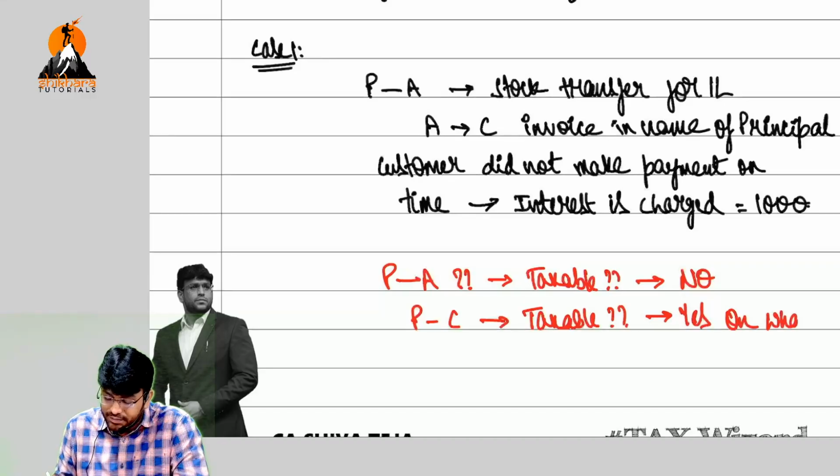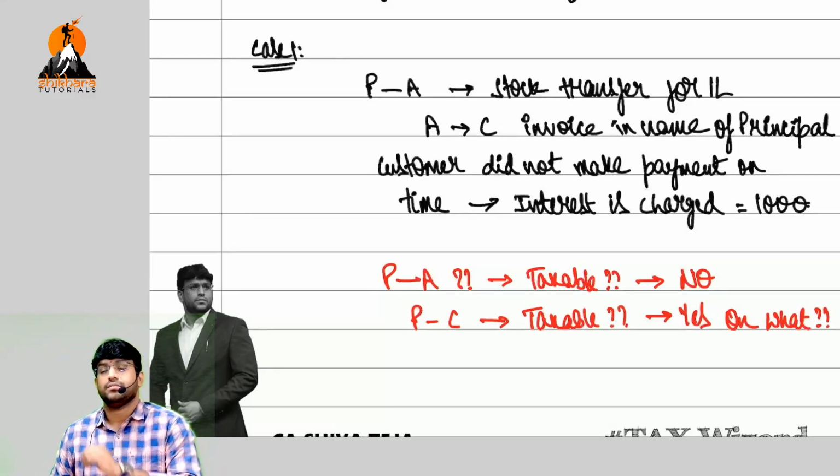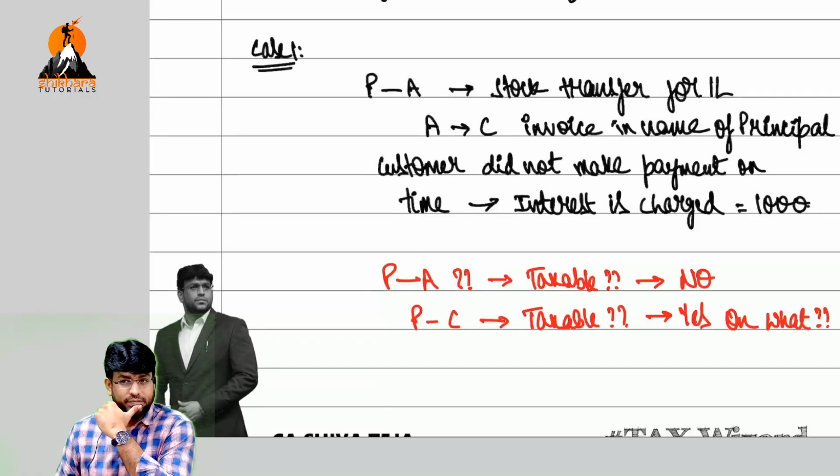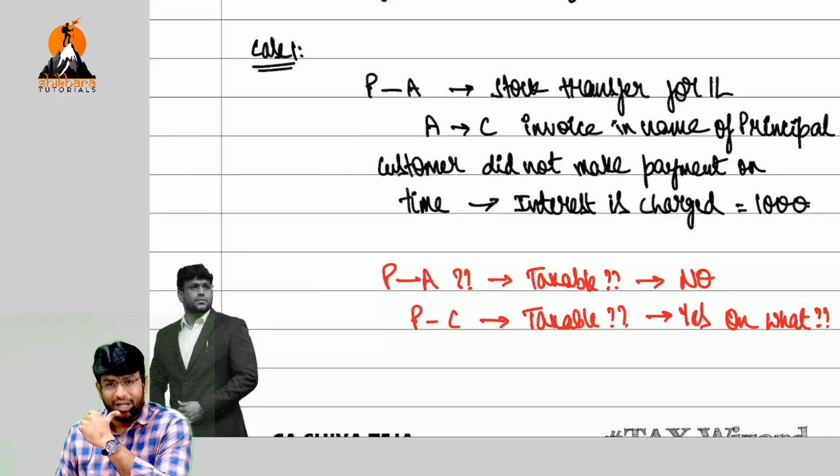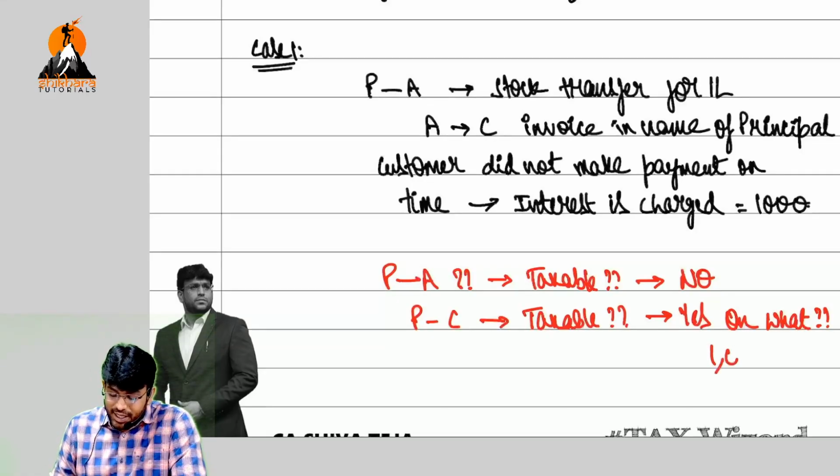On what? Sir, GST will come on 1,01,000.